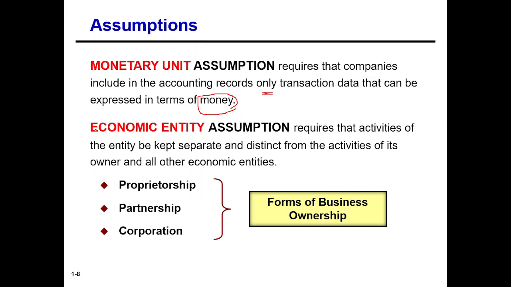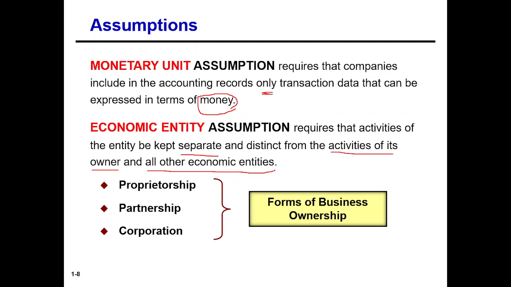Another assumption is the economic entity assumption. This assumption requires that the activities of the entity be kept separate. يعني هفصل ما بين the activities of the entity itself, our business activities, and activities of its owner, and also all other economic entities. طب what to record?